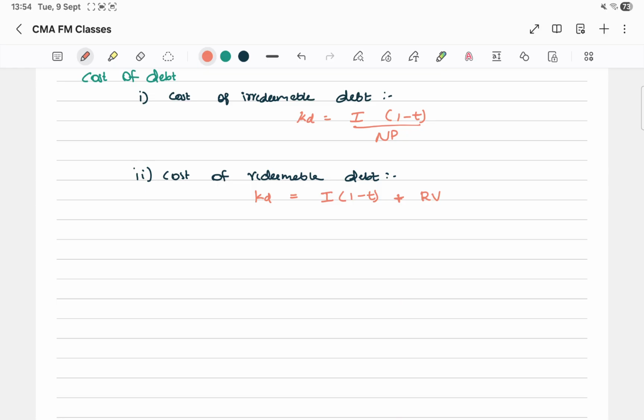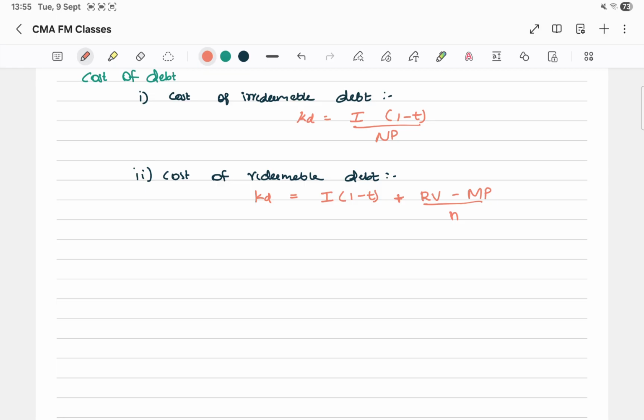That is the value that we redeem. While we are receiving the payment, the value that is present at that time is known as redeemable value, minus market price, divided by n. n is the balance life, not the total life.